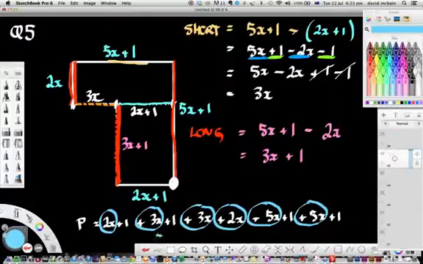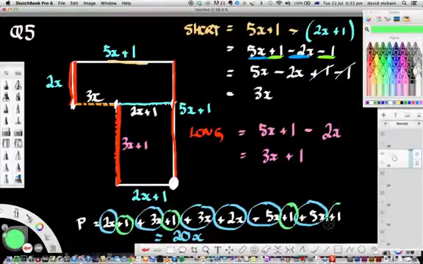That equals 20x. Let's do the numbers in green. Plus 1 again, plus 1, plus 1. So it's going to be plus 4. So the perimeter is 20x plus 4.